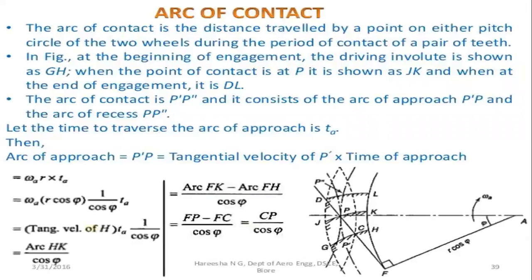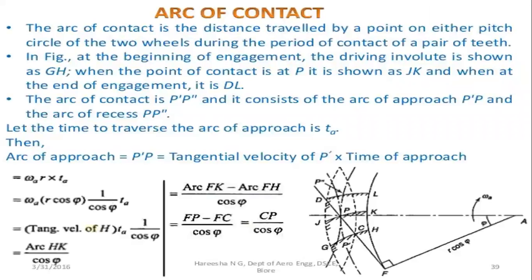Next we are going to find the arc of contact also. The arc of contact is the distance traveled by a point on either pitch circle of the two wheels during the period of contact of a pair of teeth.